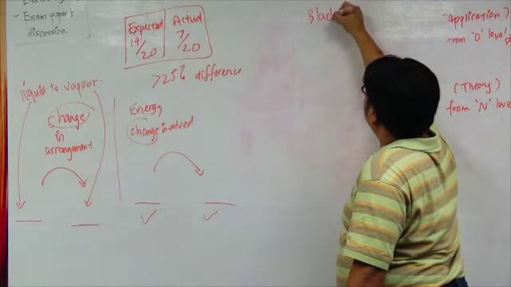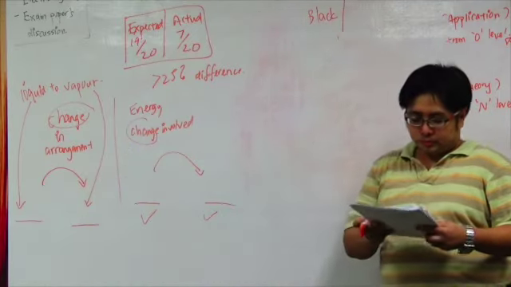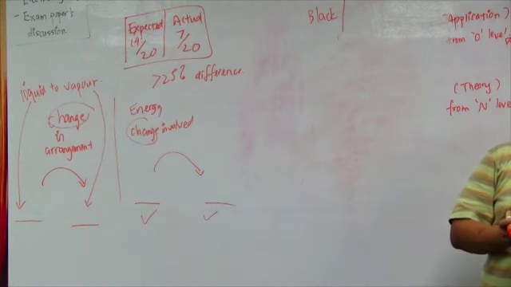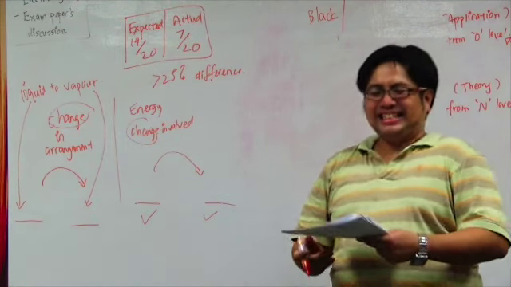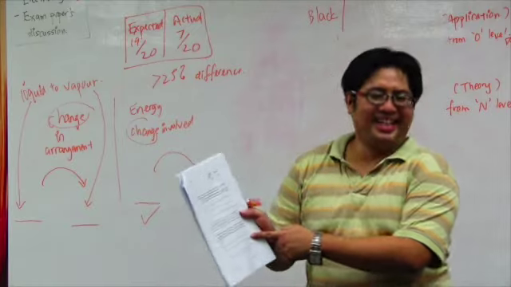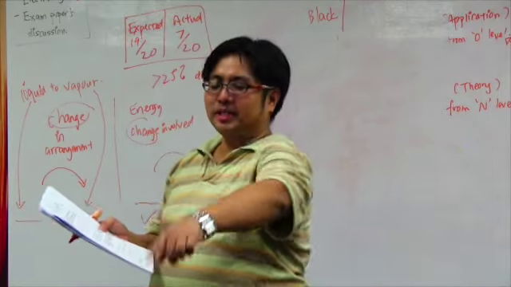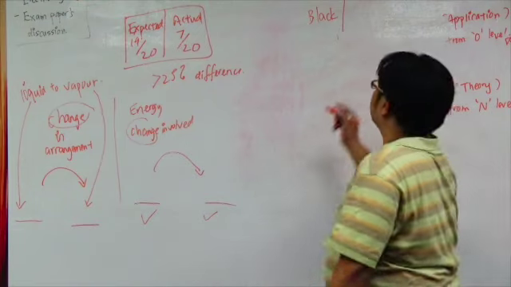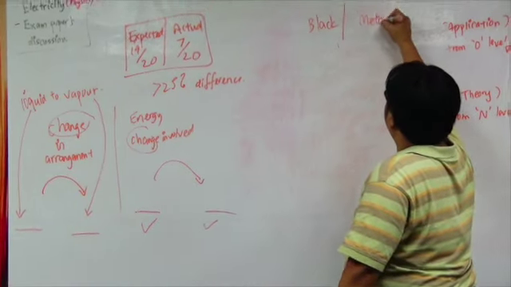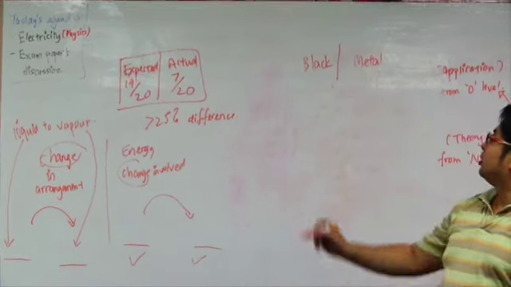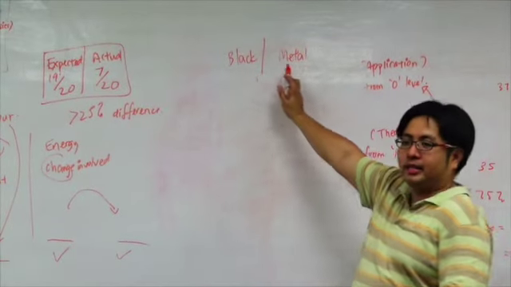Explain about the black. And then? Are you on the same page with me? There's no white. Look at the question. Is there a white? No. Metals. Plates. So basically the black and the metals.